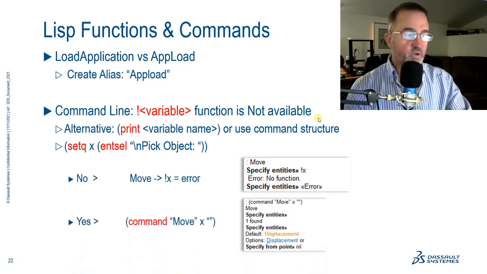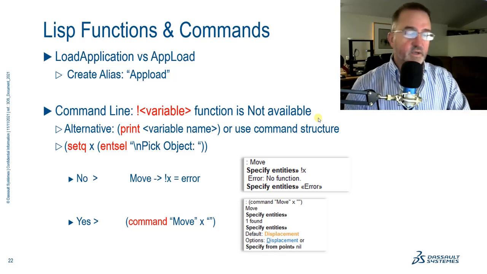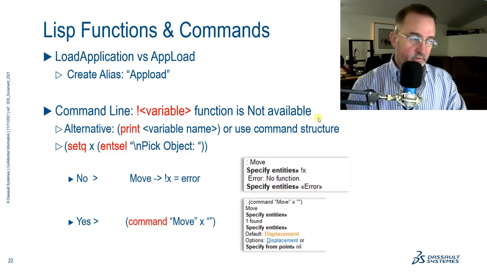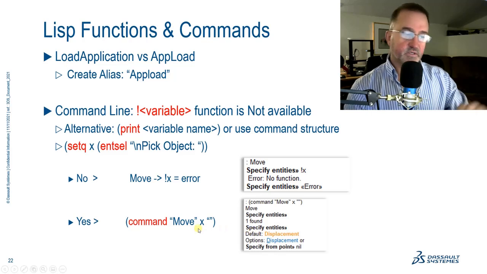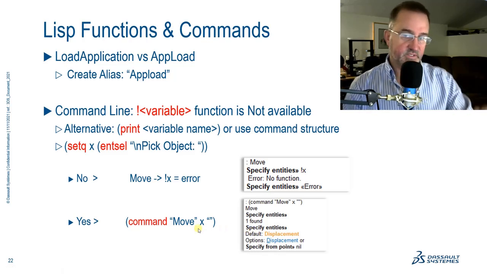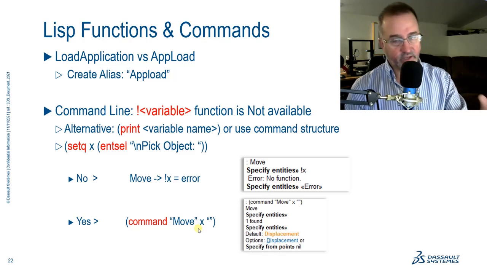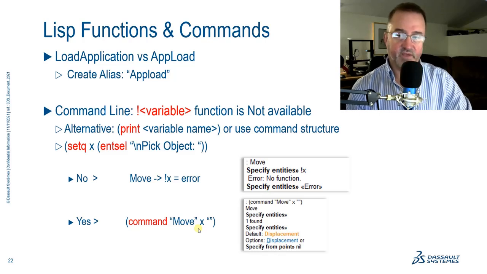So the way you might want to do that is put the command within a command string: open parenthesis command move, and then X, there's your variable, and then the extra return, and that'll work. So you can see that I can use X as that variable that was set within a command string, but I cannot use the exclamation point, or like I like to call it, bang. I cannot bang that variable to get the value for it.